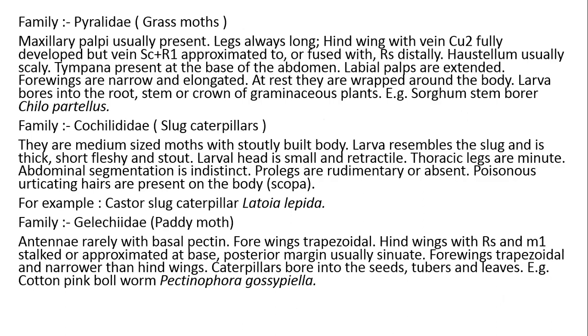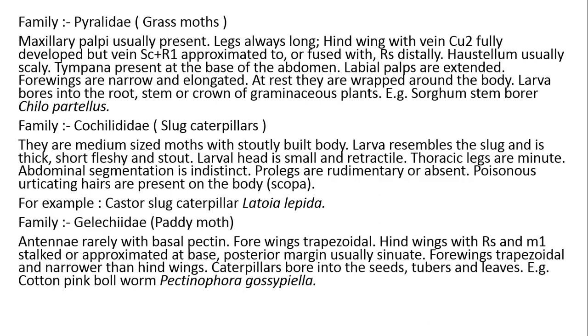Pyralidae, in which the grass moths are included. Maxillary palps are usually present, legs always long, hindwings with CU2 fully developed, but subcosta plus radius first approximated to or fused with the radial sector distally. Ocellus usually scaly, tympana present at the base of the abdomen.